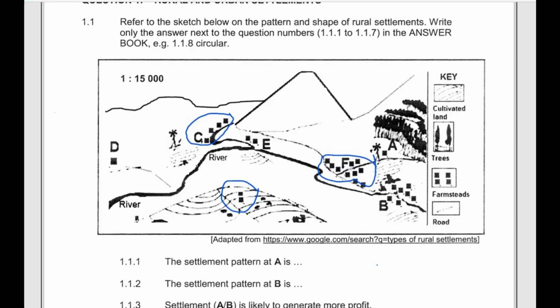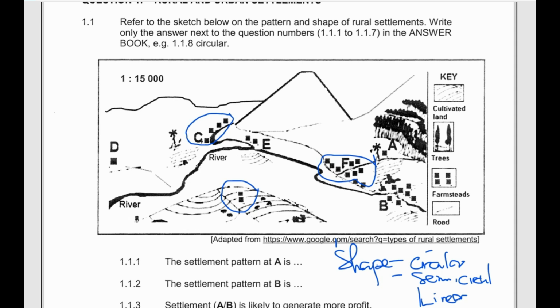Whenever we're talking of settlement shape, that is where we have the different shapes formed by the different setting of housing units in a settlement. For example, you can talk of a circular shape, a semicircular shape, or a linear shape, where the housing units are in line, maybe along a transport route, a river or a mountain range.